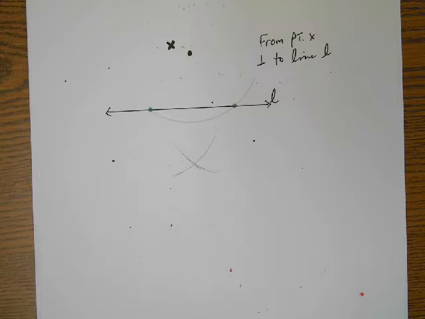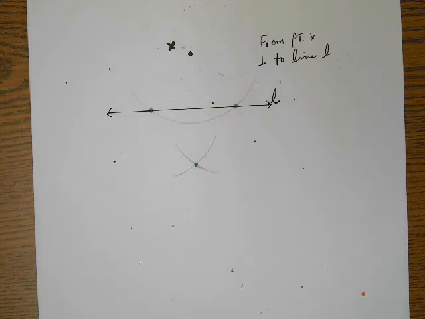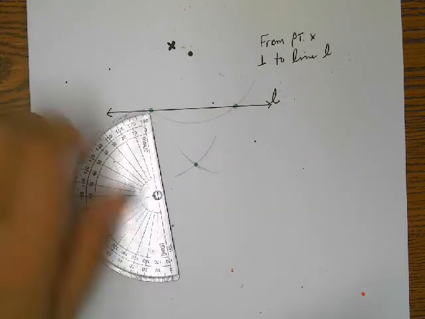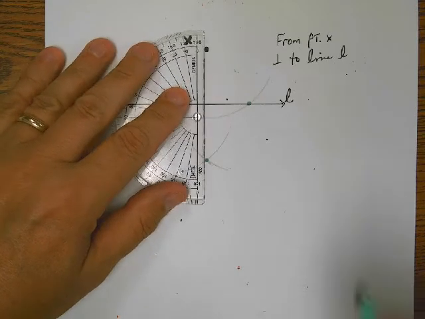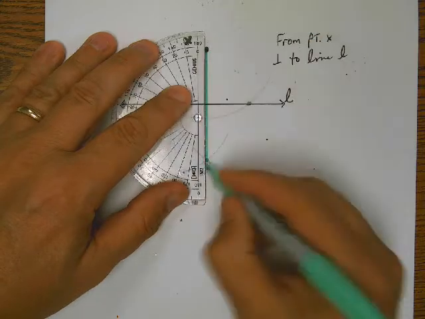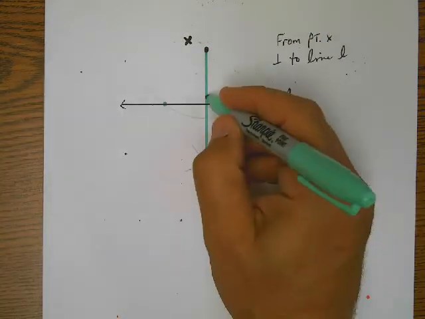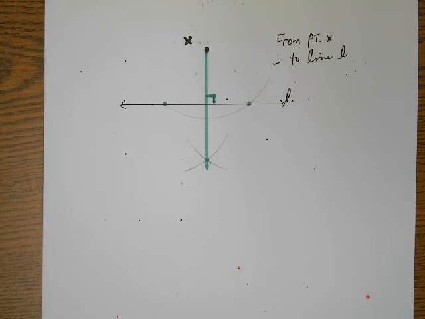All right, you see how I get another point of intersection down there? And now I connect the point X that I started with. That's the whole purpose of it, is to go from a point not on the line. I connect point X to that point. And when I do, it intersects the line perpendicularly.